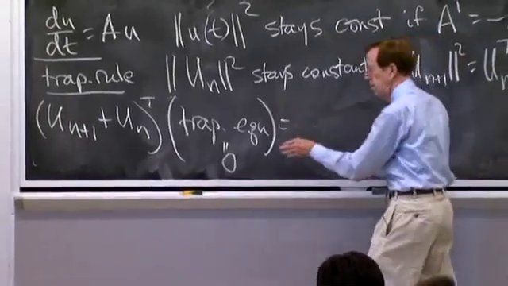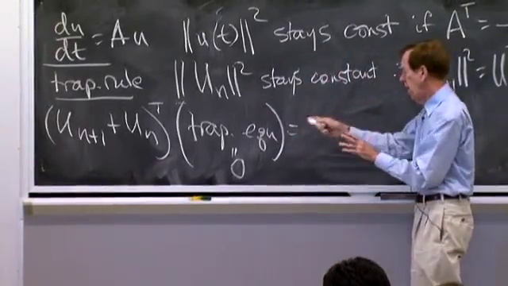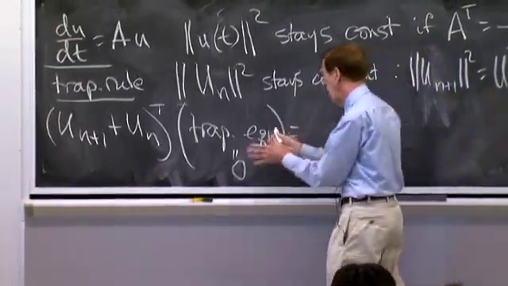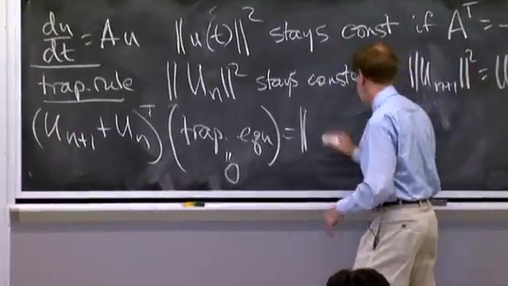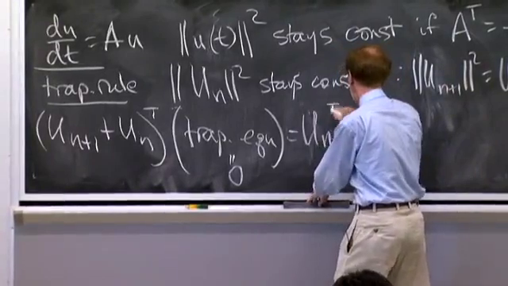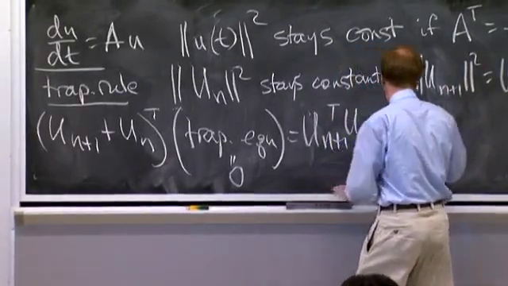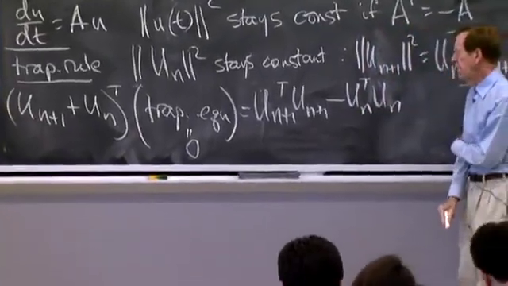It takes a few lines of jiggling around, but when you do that, you get exactly this: u_{n+1} transpose u_{n+1} minus u_n transpose u_n. That's the goal.